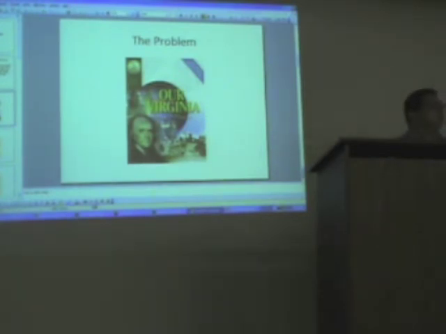And immediately there were some issues about this textbook. One of the main issues was that when it came to a discussion about the Civil War, there was a statement made that thousands of slaves, thousands of African Americans, participated voluntarily, basically, in the Confederate Army. Many historians saw that and questioned it and began to look at the author's credentials.